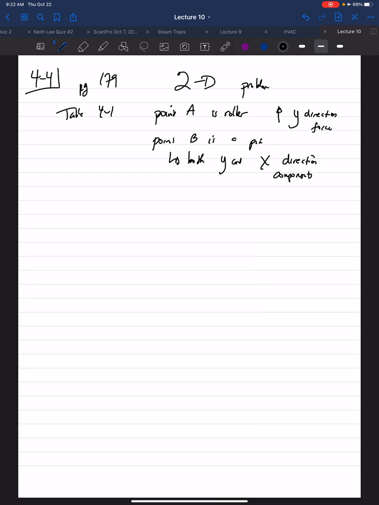All right, so the first thing we do, we always start with our free body diagram. Also, we notice we have a distributed loading. It's an irregular shape, but we can clearly model it as the combination of a rectangle and a triangle. So let's get to work.